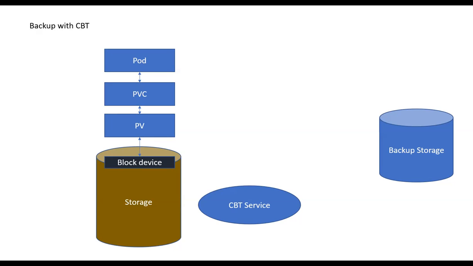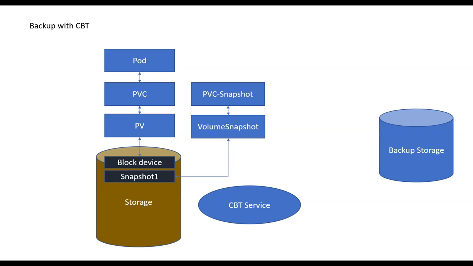Now in the backup workflow, typically we run a volume snapshot. The back end storage will create a snapshot for it, and it provides the snapshot handle to the volume snapshot. Then the backup workflow creates a PVC with the snapshot volume as the data source of the PVC.